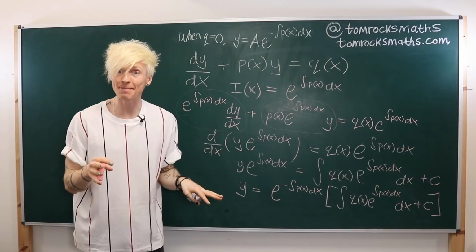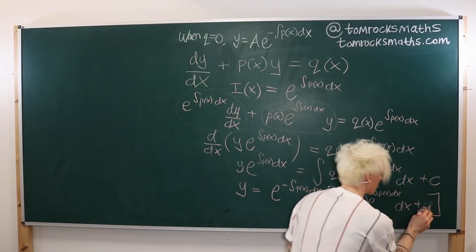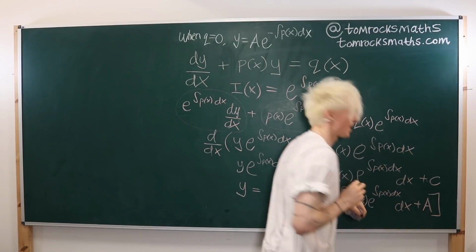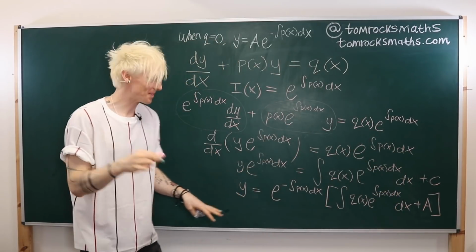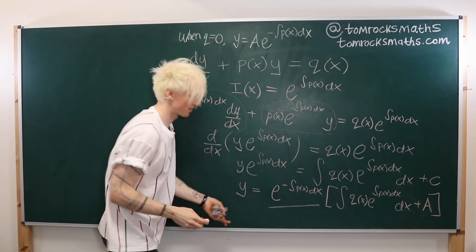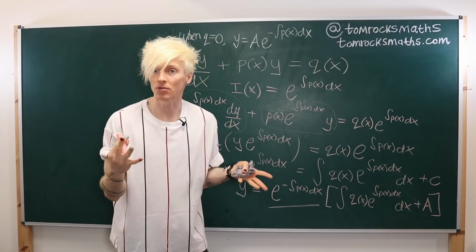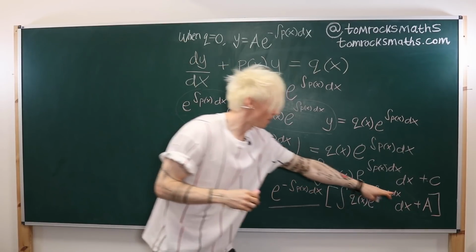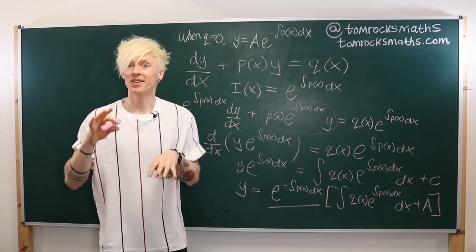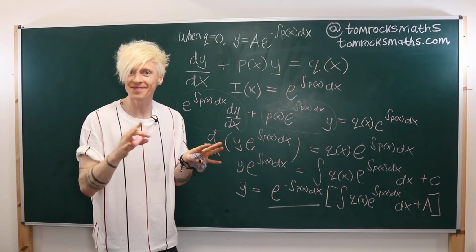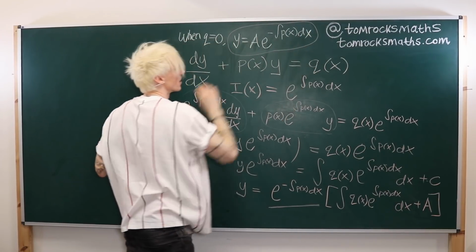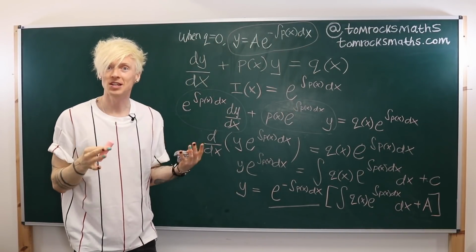If I now relabel this integration constant c and call it a, then what we've got is e to the minus integral of p multiplied by some other integral, plus a times e to the minus integral of p. And hopefully you've spotted that's exactly what we had up here for our homogeneous solution.